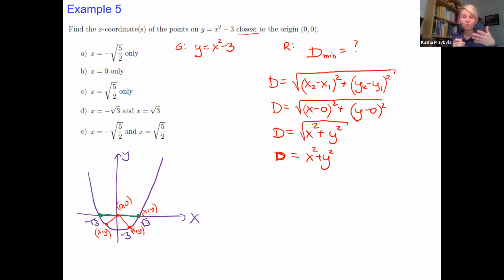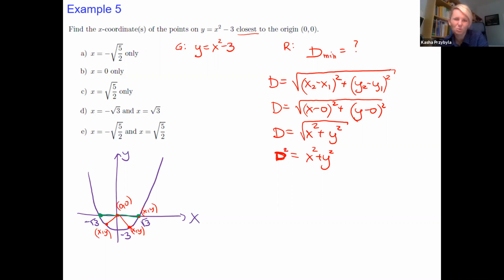That means for the simplification, we don't have to carry the square root. Please remember for distance questions, it's obvious that if I minimize the quantity inside, the square root of it will also be smaller.